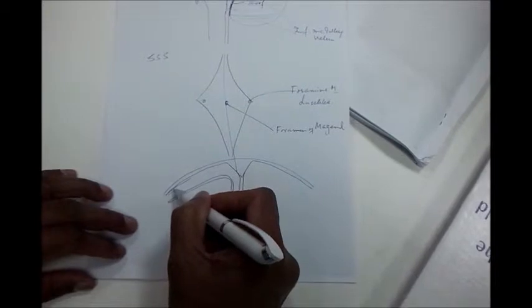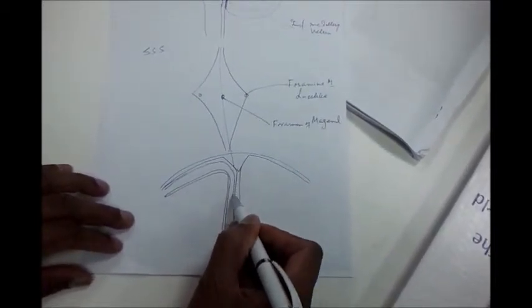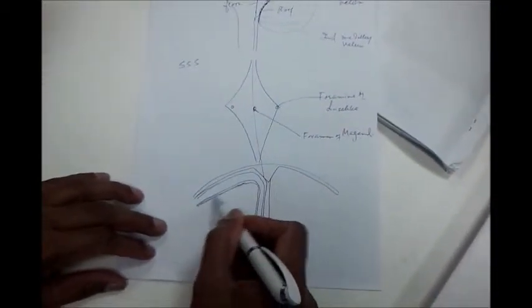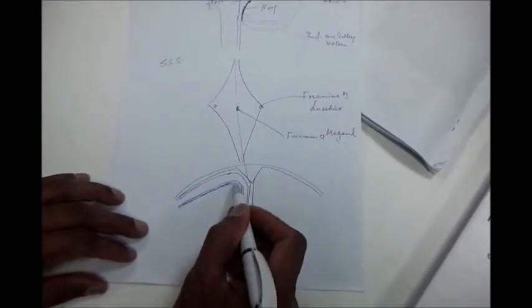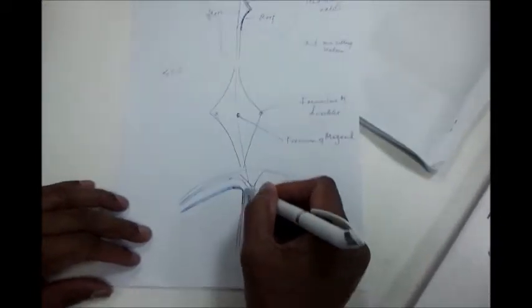I'm sorry, the arachnoid matter should be near the dura mater, and the pia matter away from it on the surface, because the space is between the arachnoid matter and the pia matter. I hope now we have understood. So the fluid is over here.